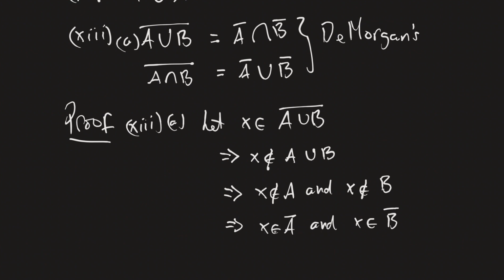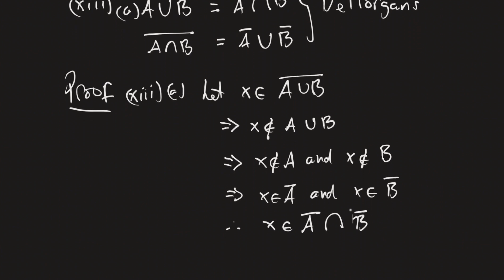Because this is saying that the same element X is in both A complement and B complement. So then it has to be in their intersection. So therefore, X is an element in A complement intersect B complement. So every element in the complement of the union is also an element in the intersection of the complements.